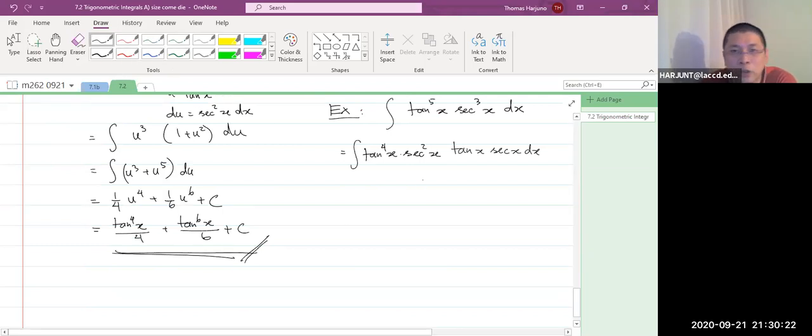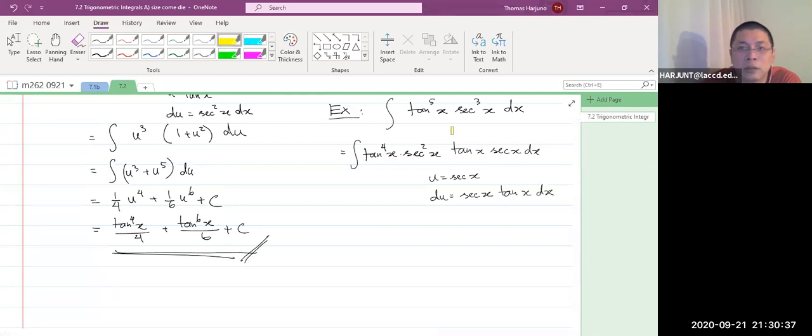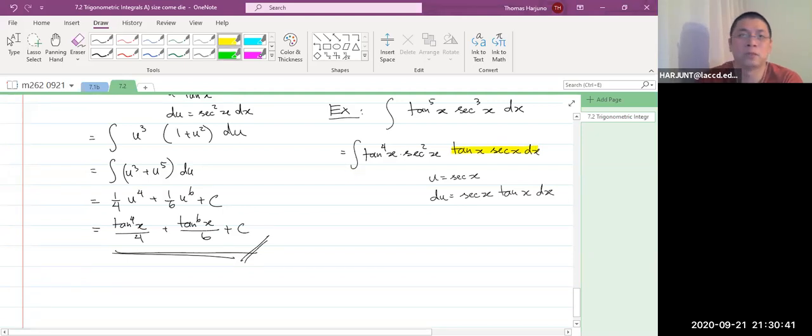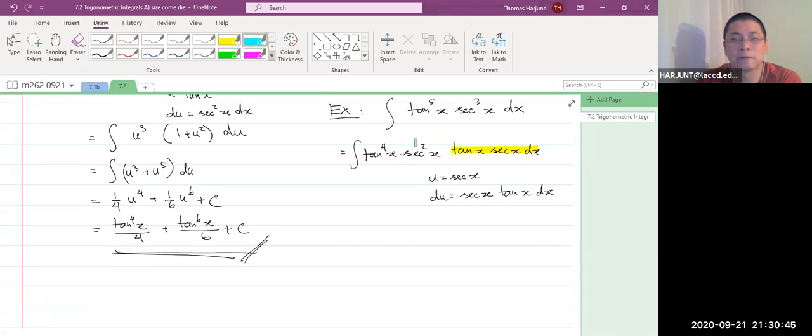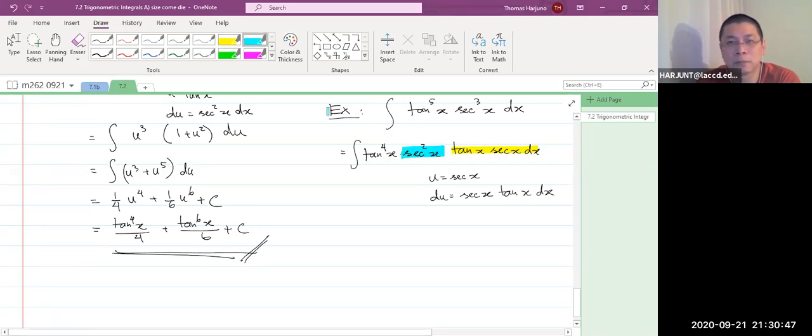Okay, so let u equal secant x, then du will be secant x tangent x dx. This will be my du. This will be my u. And I have to massage this.